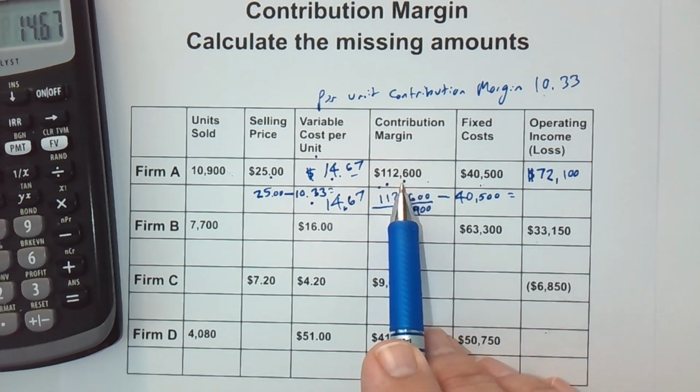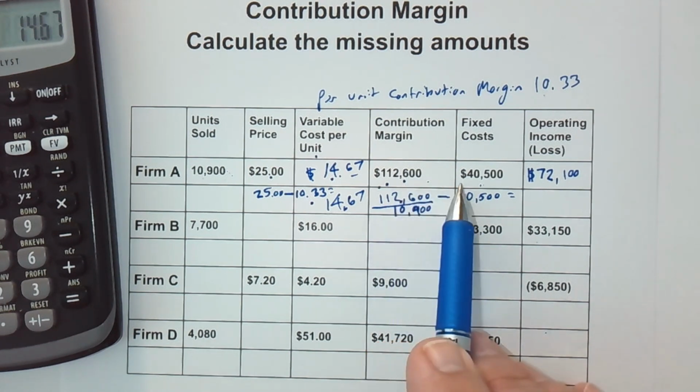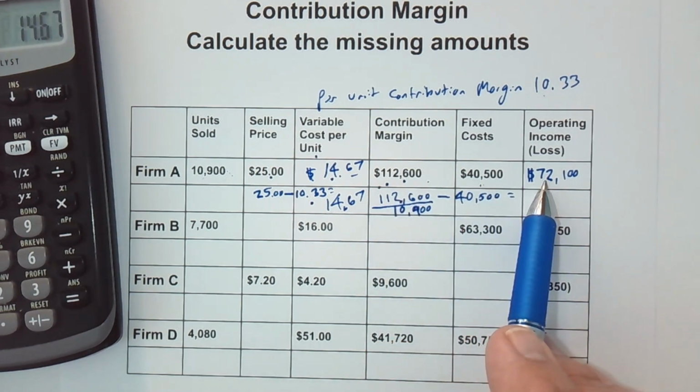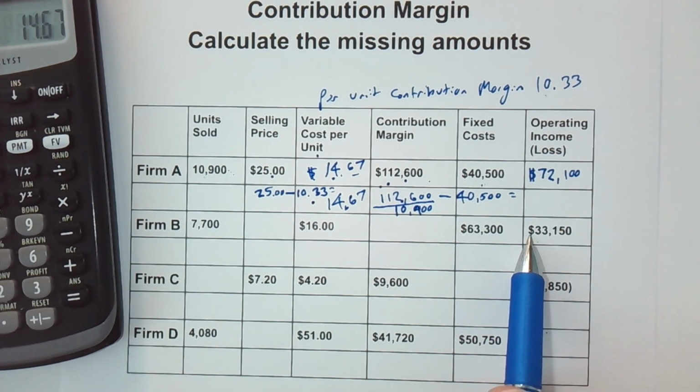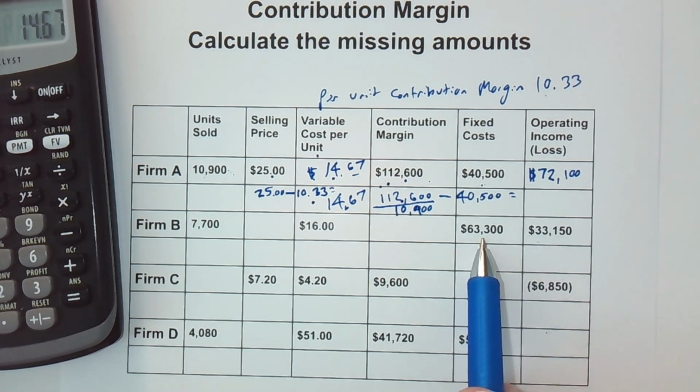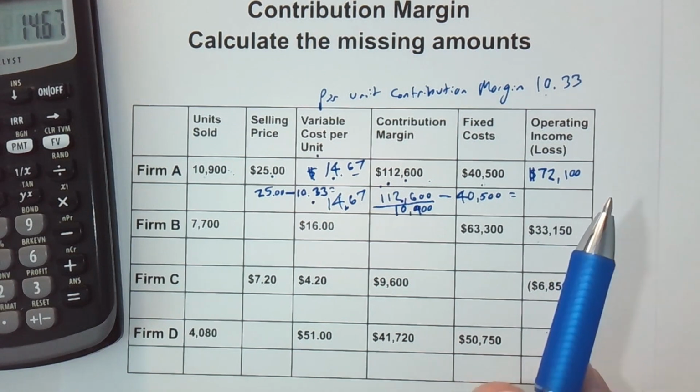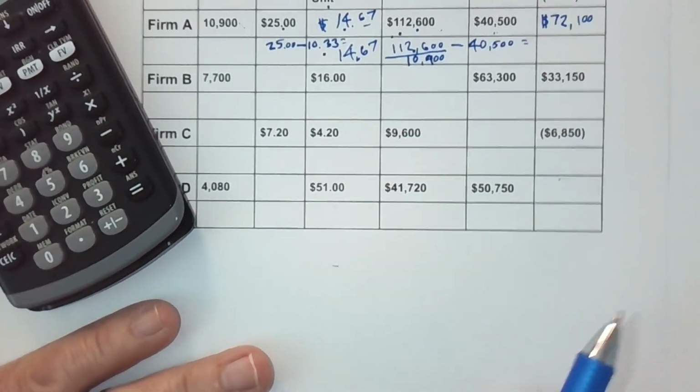Likewise, over here, since we did the contribution margin minus fixed costs gives the operating income, it stands to reason that if we start with the operating income and if we add back in the fixed costs, that will give us the contribution margin. Let me demonstrate that here to make it easier.